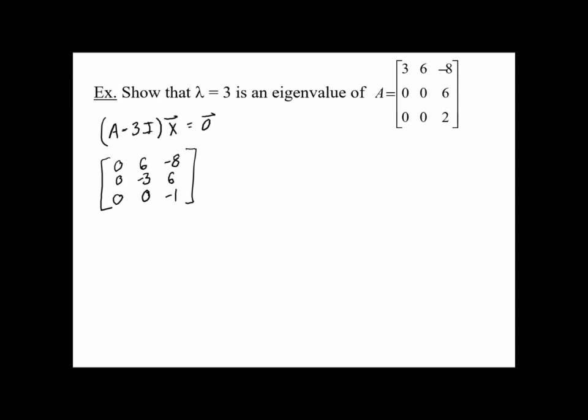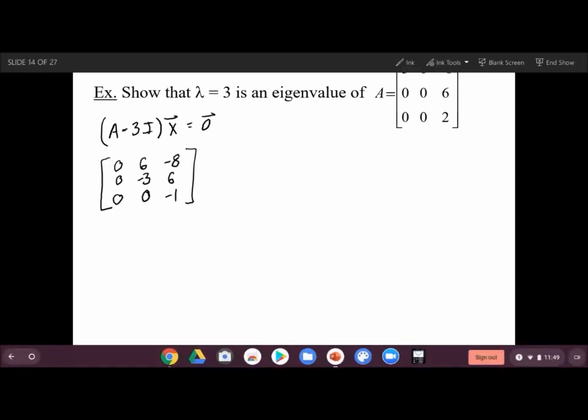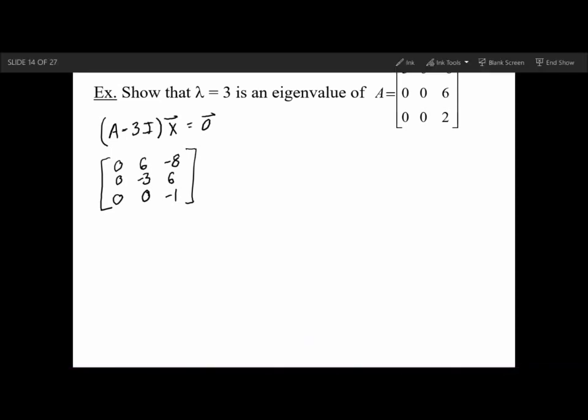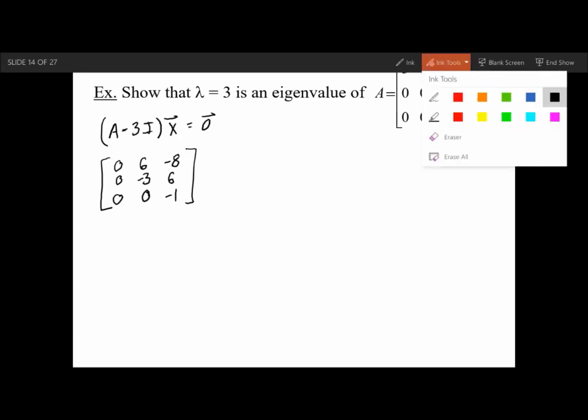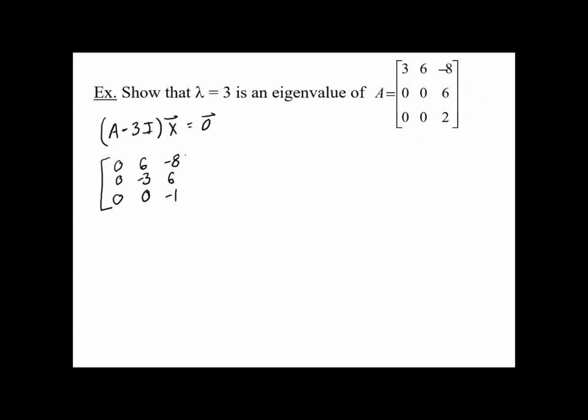Oh, I'm sorry, I meant to augment that. Okay, augment that with 0, 0, 0. And let me switch the first and second rows.